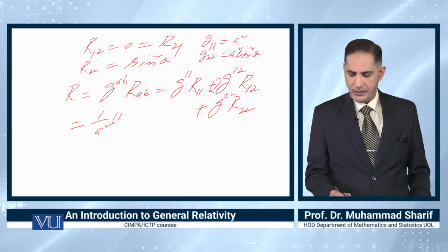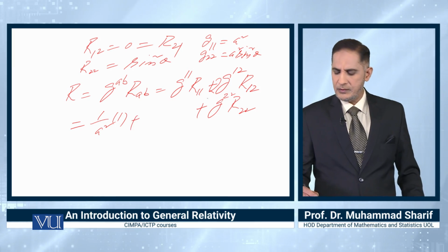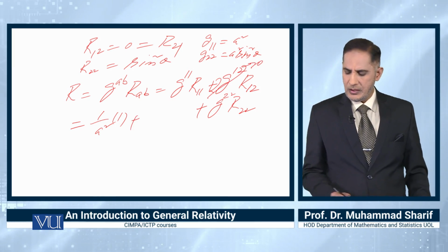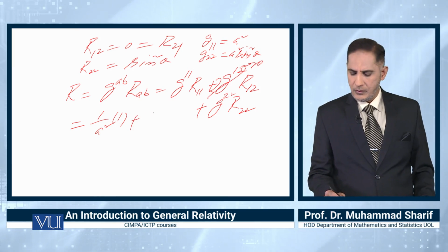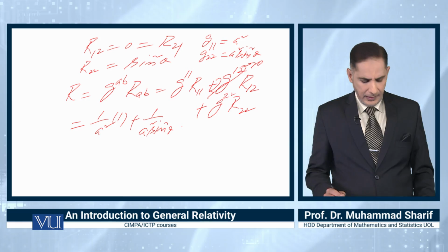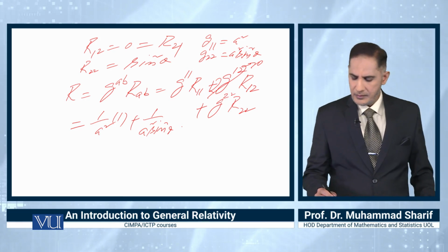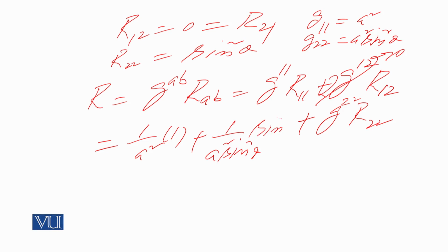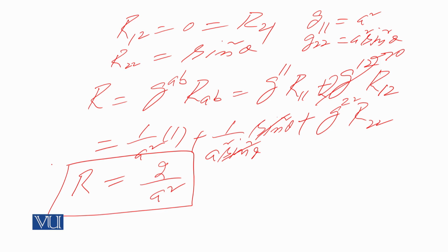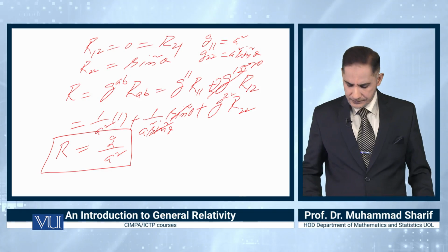So we can put here 1, and this is obviously 0, and G22 is 1 over a square sine square theta, and R22 is sine square theta. So this will cancel out, and we can have 2 over a square. So this is the value of the Ricci scalar, or you can say the first curvature invariant.